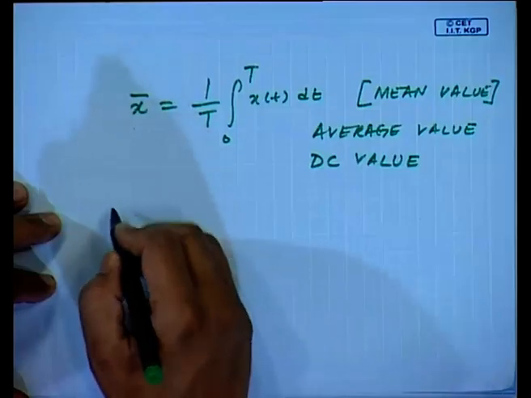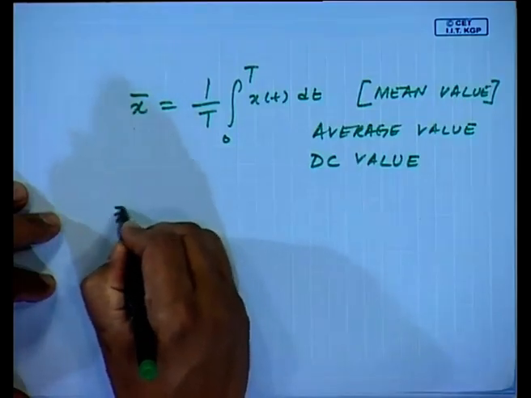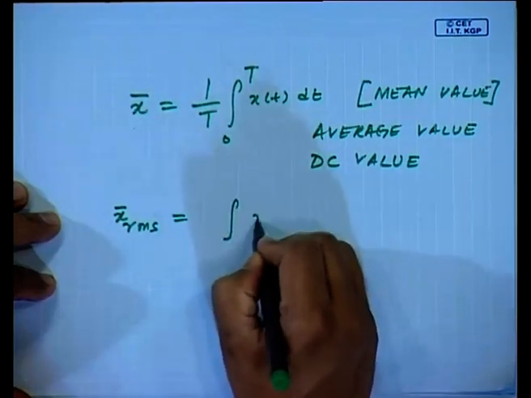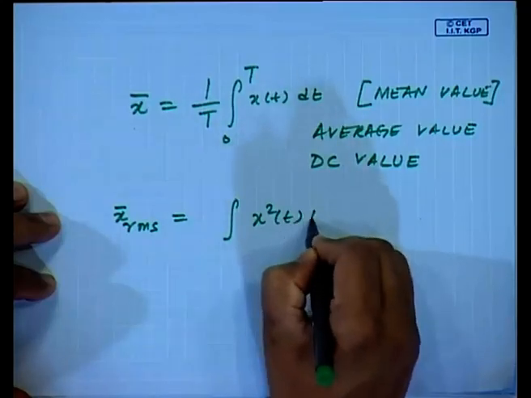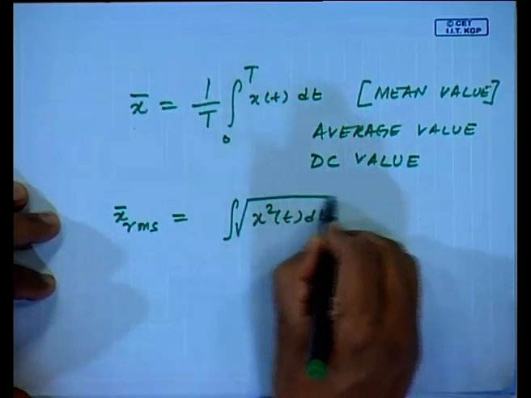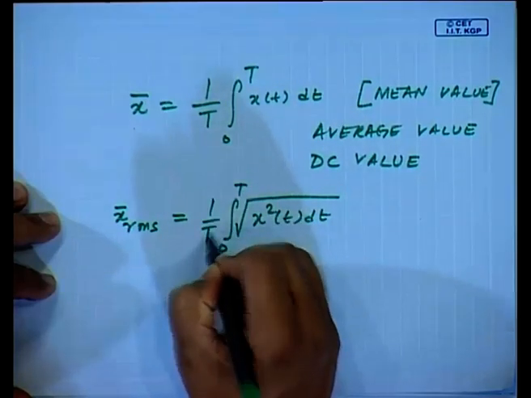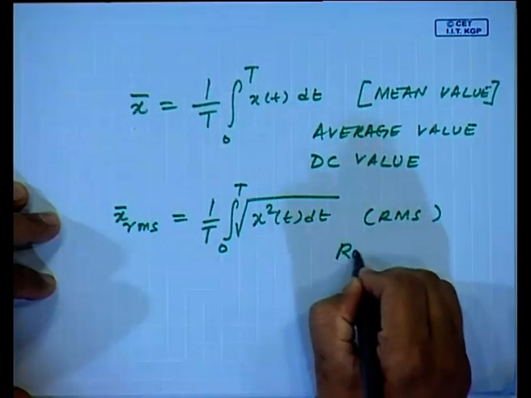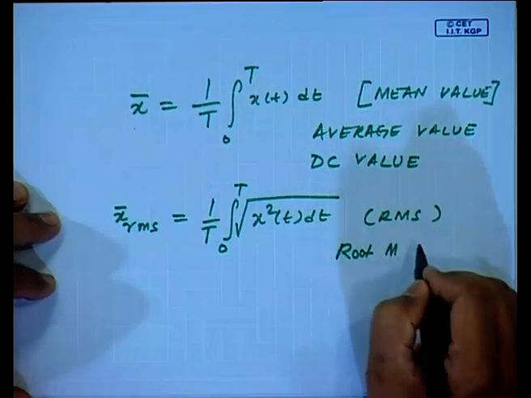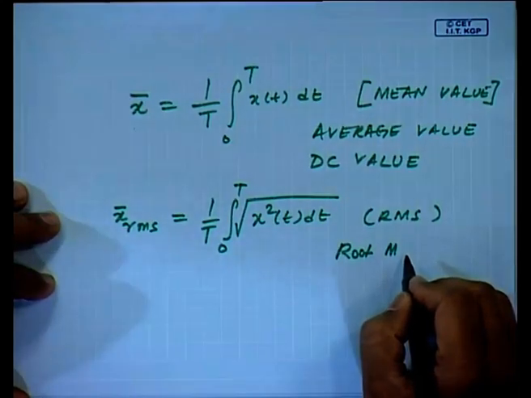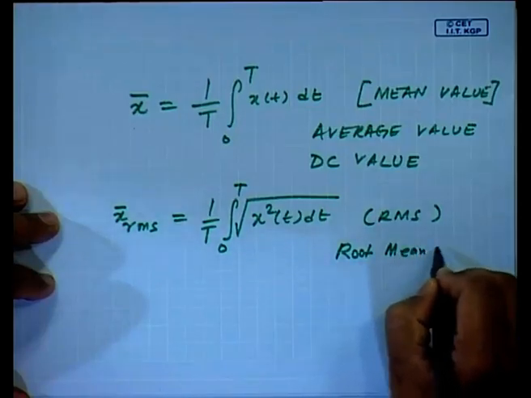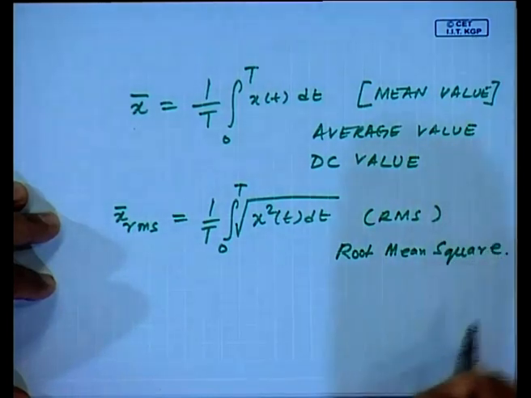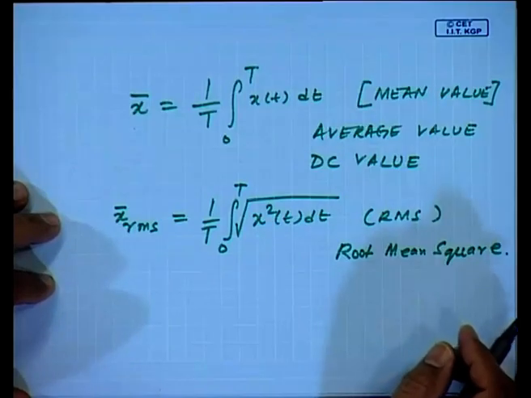Now, the RMS value is given by this equation. This is known as RMS, the root mean square value of the signal.